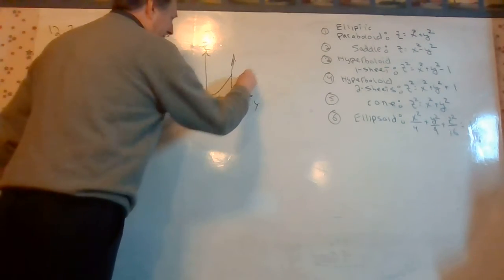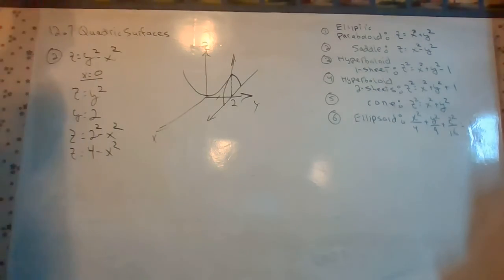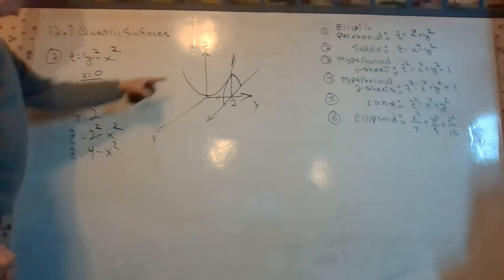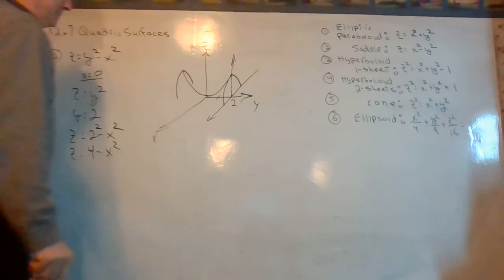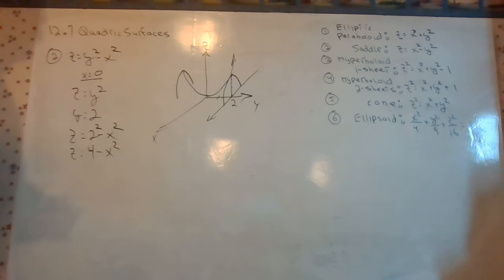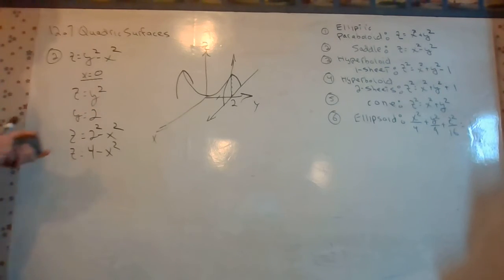Well, if you continue the y-axis this way, that's what we end up with. And same thing down here. And that's why it's called a saddle. Very easy to remember why it's a saddle. When you switch orientation, it goes from concave up to concave down. Plus y squared concave up, minus x squared concave down.